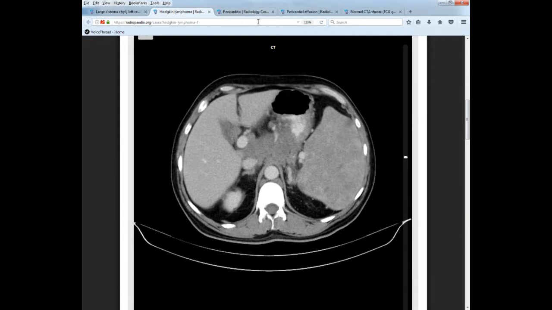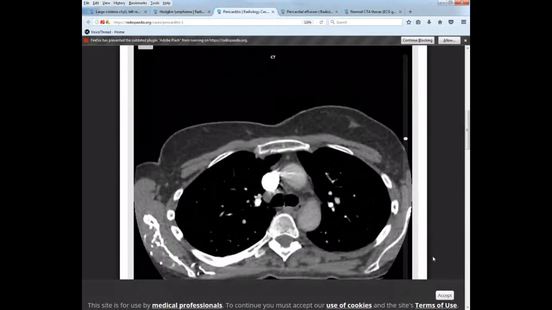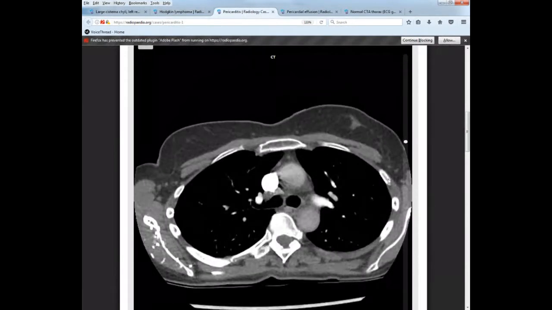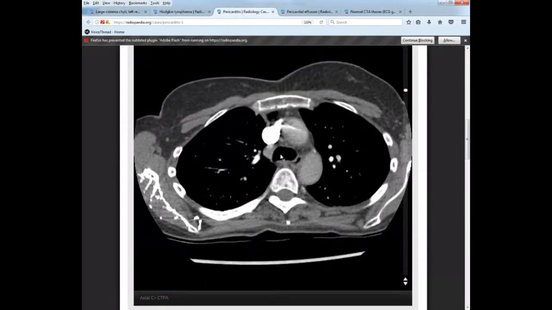Heart circulation and heart anatomy. So let's first start with these two patients that have pericarditis or a pericardial effusion. So remember we talked about the linings of the heart. We have the visceral pericardium and the parietal pericardium. So your first outer layer is your parietal pericardium.